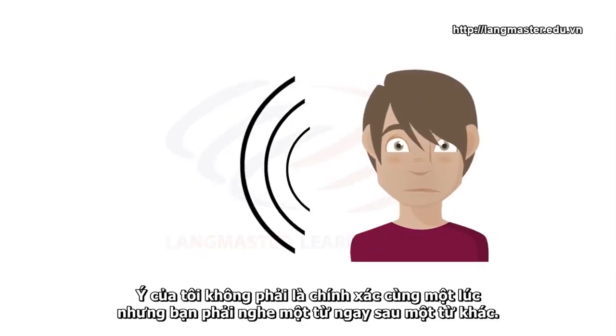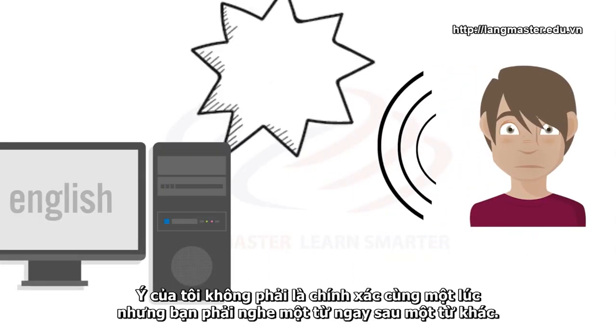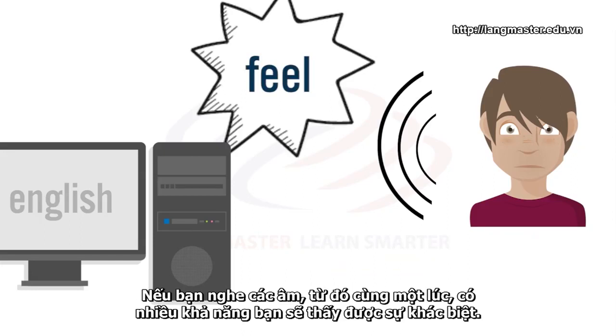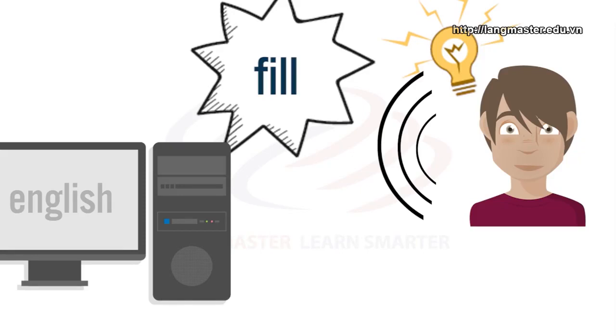I mean, not exactly at the same time, but you listen to one word immediately after the other. If you hear those words together, you are more likely to notice the difference. And after you've noticed the difference, you can then practice pronouncing those words.